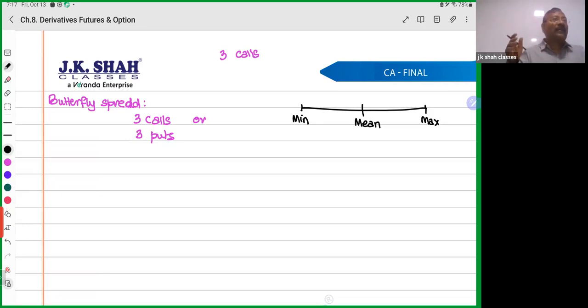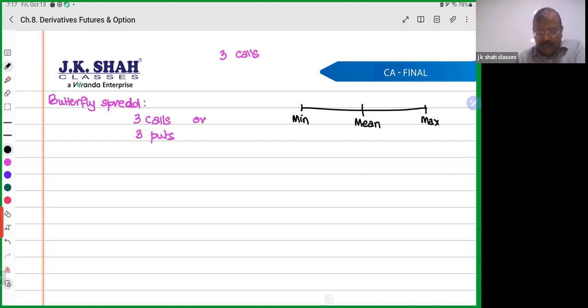You can't do 100, 120, and 105. You can't do that. It has to be evenly distributed. Another example I could give you is 400, 600, 500, or 400, 500, 450. There will be 3 calls or 3 puts involved.